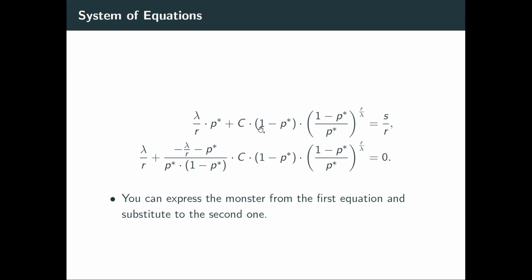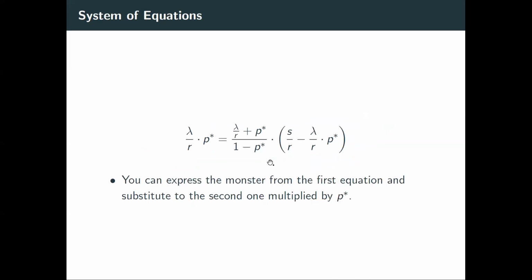So from it, you just take this monster, all this option value, and express it. It will be equal to S divided by R minus lambda times P star divided by R, and you substitute it here. And then this monster is eliminated. So let's do this, and it will be like that.